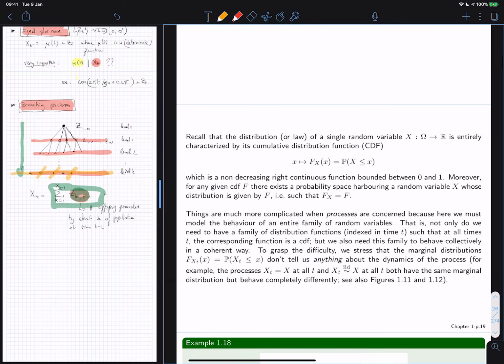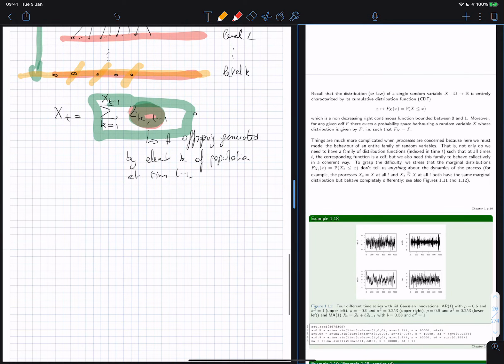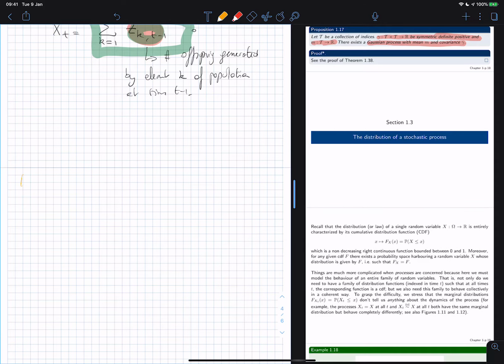So, for example, section 1.3. I wrote this.